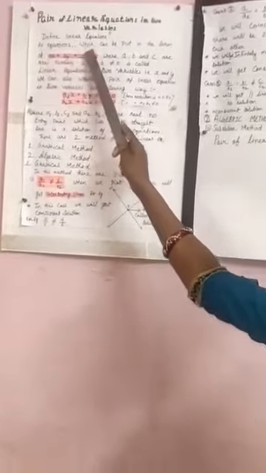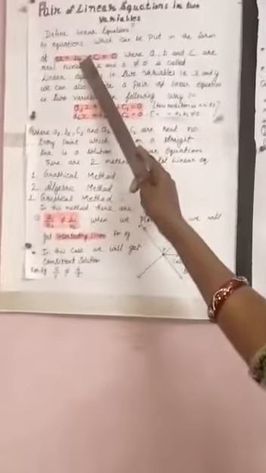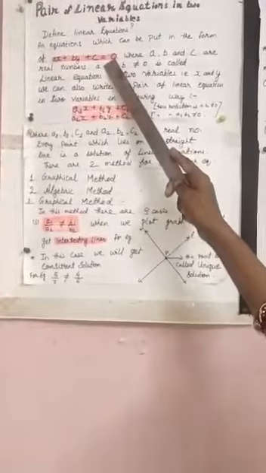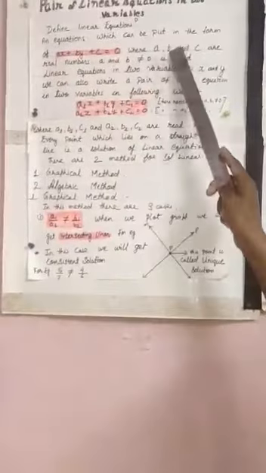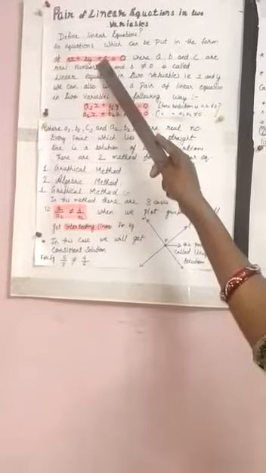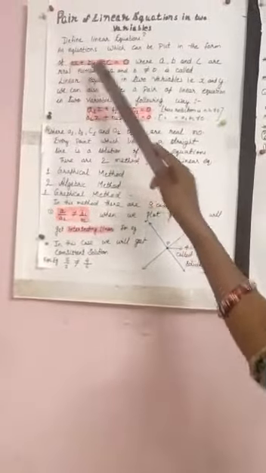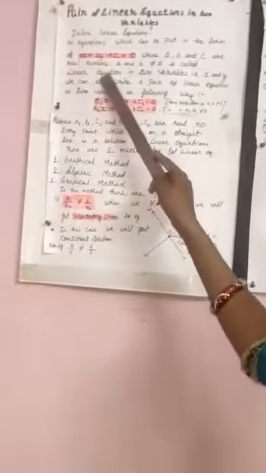Look here, an equation which can be put in the form ax + by + c = 0, where a, b and c are real numbers, and a and b are not equal to 0, is called a linear equation in two variables. What are the two variables? x and y are the two variables, and a, b and c are the coefficients, real numbers.